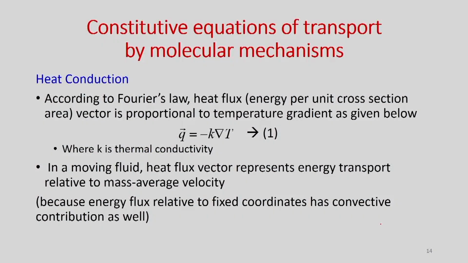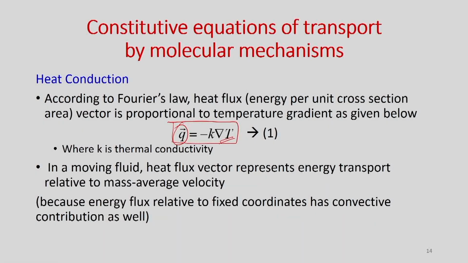According to Fourier's law, the heat flux vector can be related to the temperature gradient, like q is equal to minus k del T. q is a flux, heat flux, right? It has the same direction as the temperature gradient direction. k is the thermal conductivity.